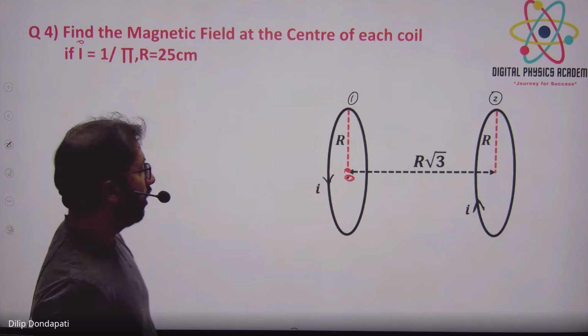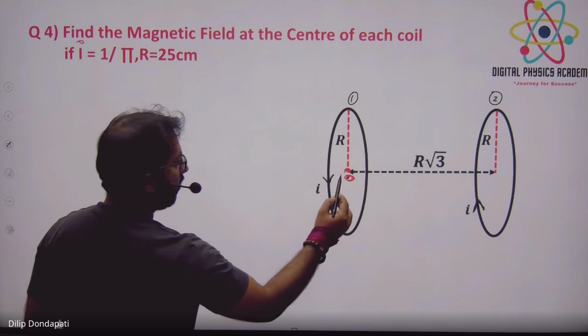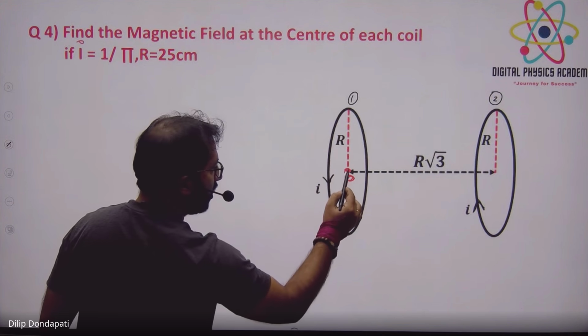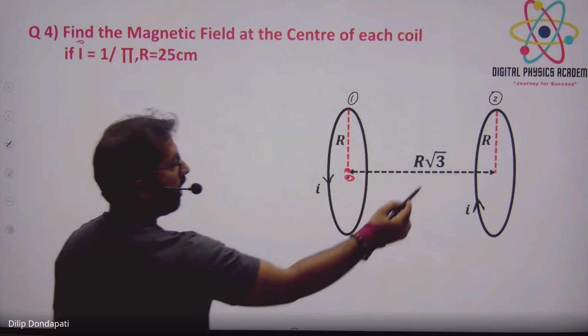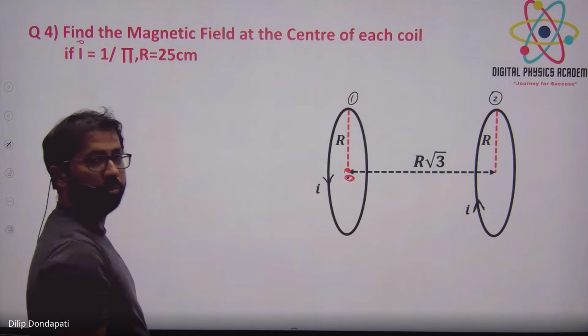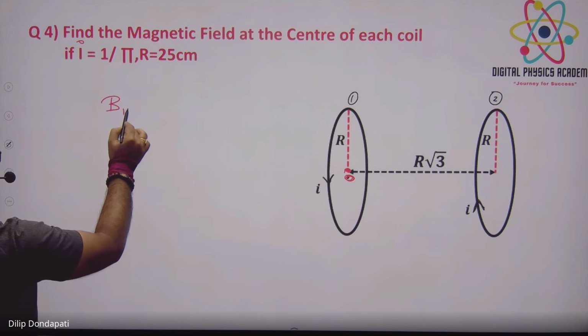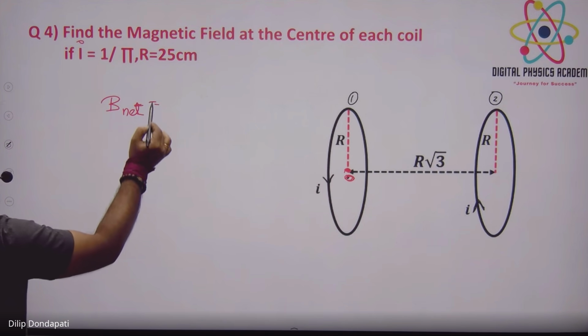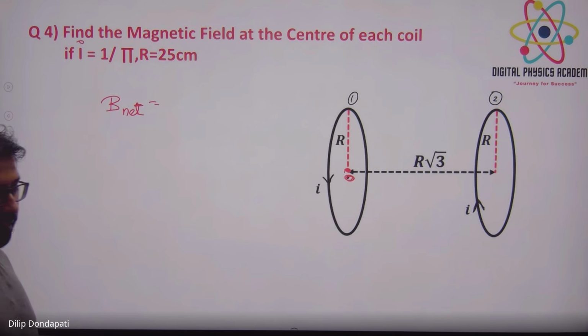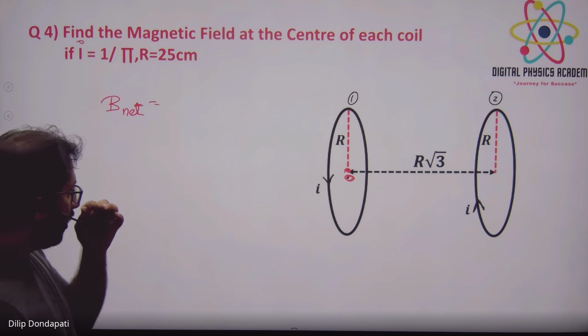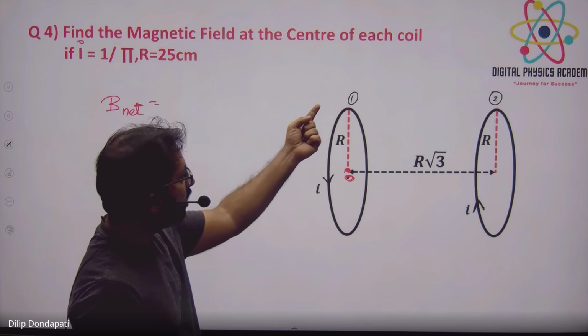Now tell me, for this coil this point is acting like the center point, and for this coil this point is acting like an axis point, so find the net magnetic field and check the direction clarity, whether plus or minus or we don't know. See, the current is coming outwards like this.